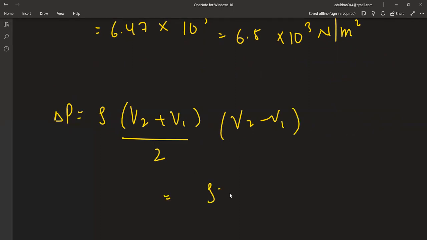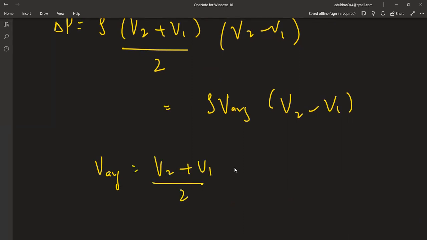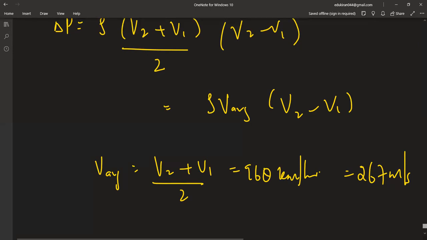This is equal to rho V average into (V2 minus V1). So V average will be (V2 plus V1) by 2, which is equal to 960 kilometer per hour, equal to 267 meter per second.